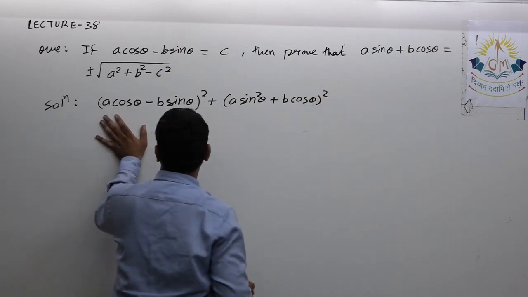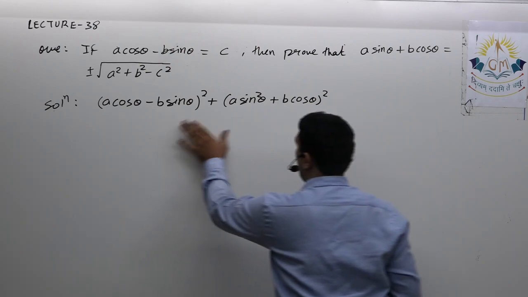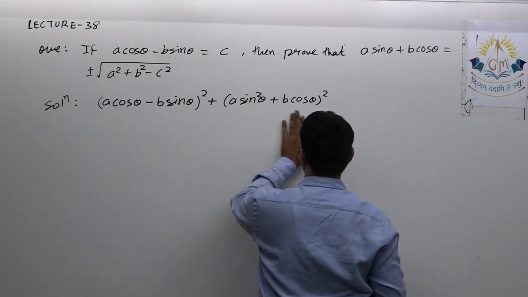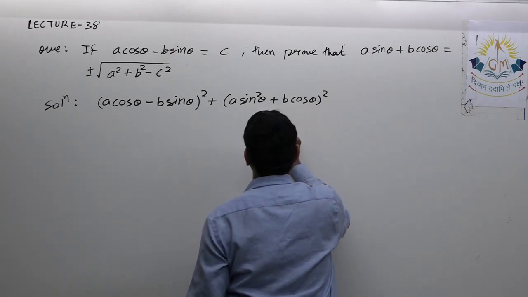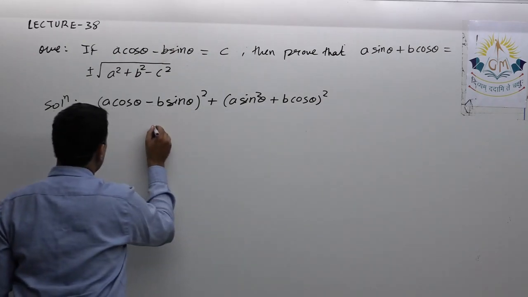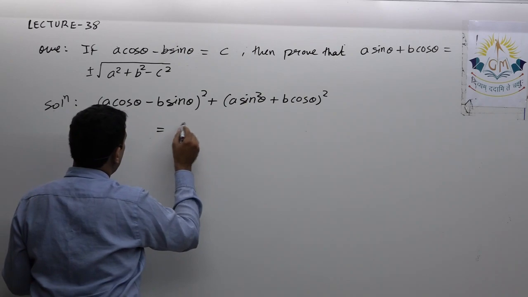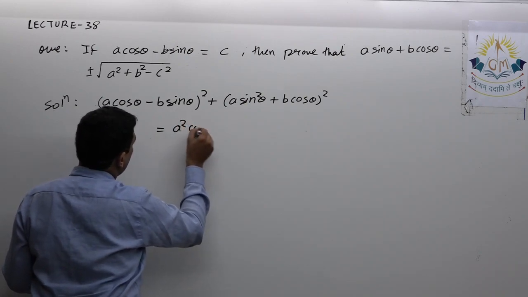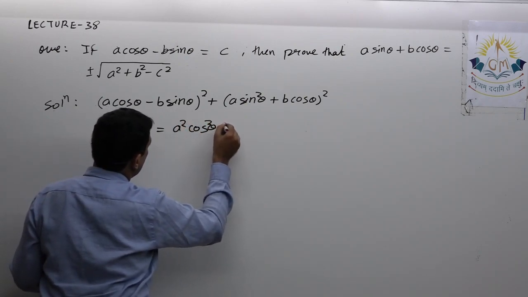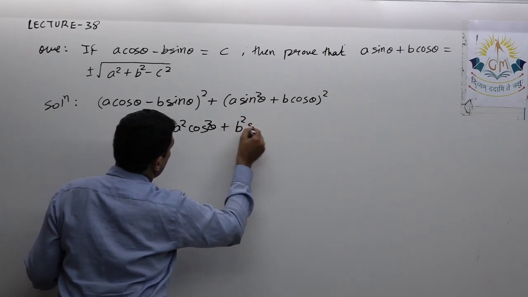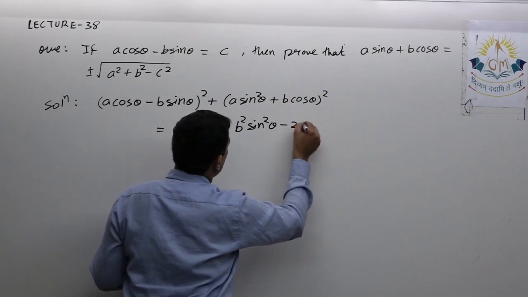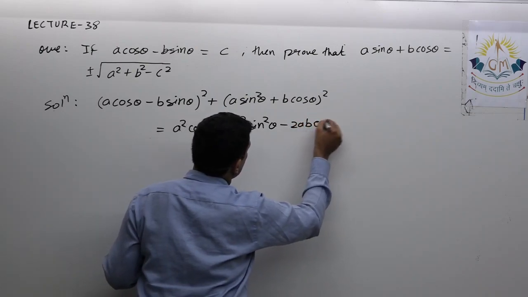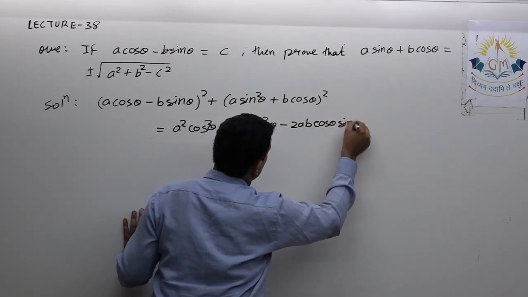Okay, a cos theta minus b sin theta whole square plus a sin theta plus b cos theta whole square is equal to, if I find the value of this, I can write a square cos square theta plus b square sin square theta minus 2ab cos theta sin theta.